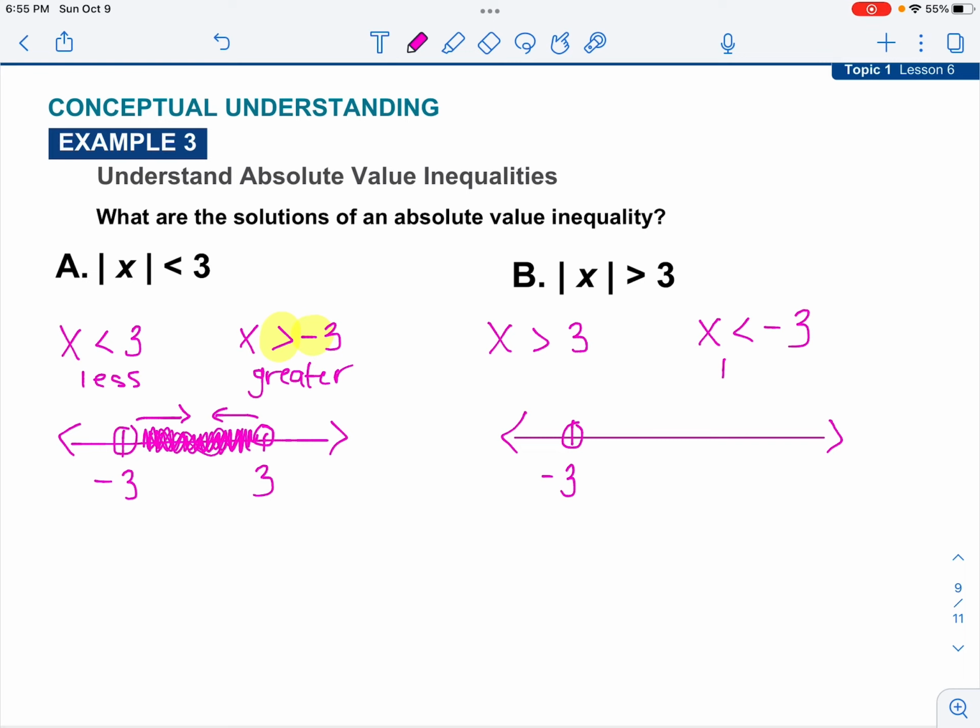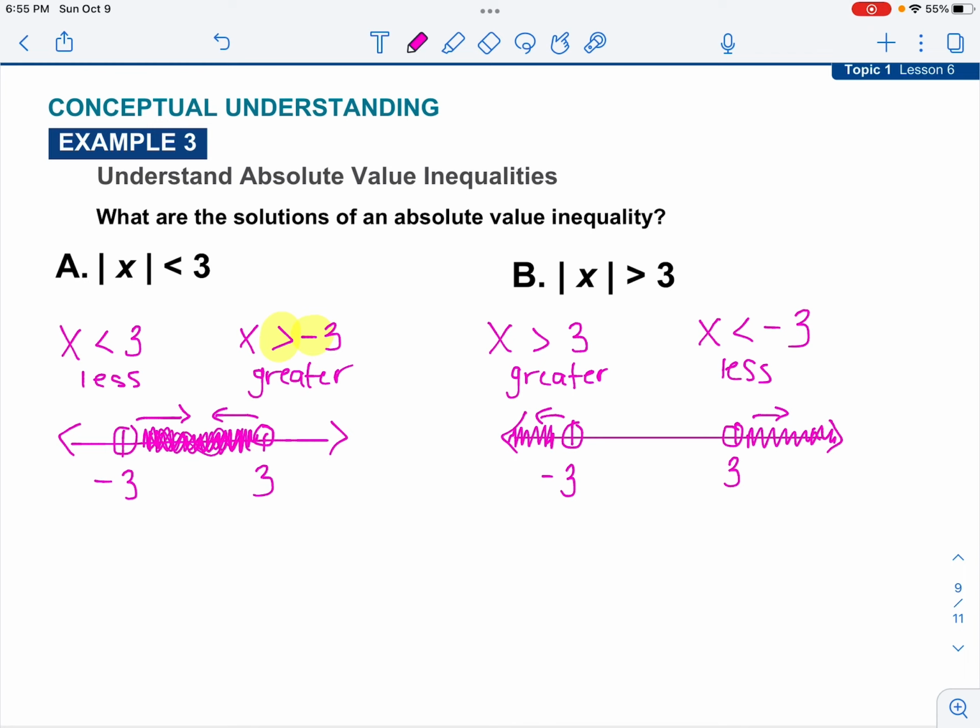Our values of x are less than negative 3, so they're going to be going to the left. And at positive 3, our values of x are greater, going to the right.